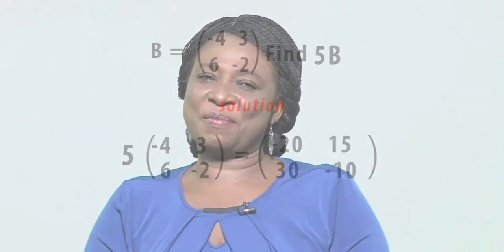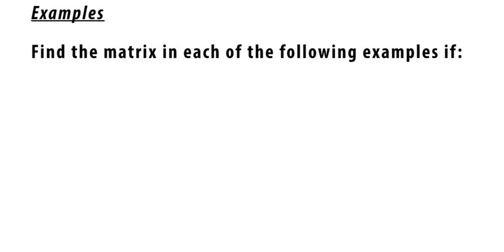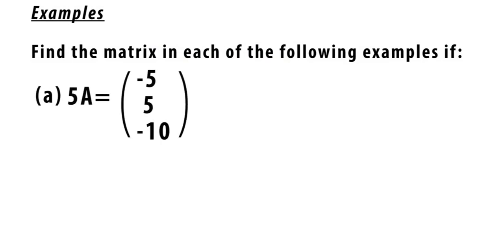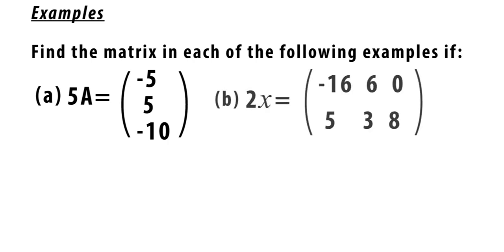Good. Let's take some examples. Find the matrix in each of the following examples. A, 5A is equal to -5, 5, -10. B, 2X is equal to -16, 6, 0, -5, 3, 8.